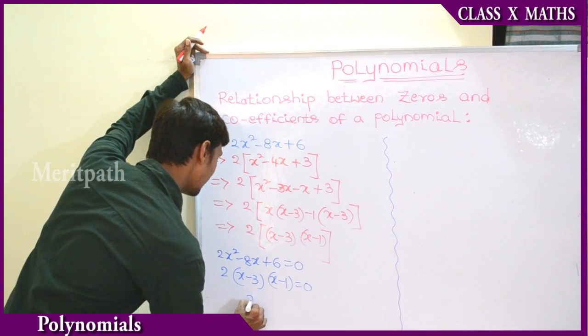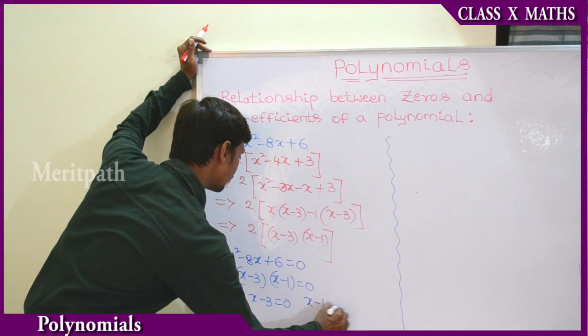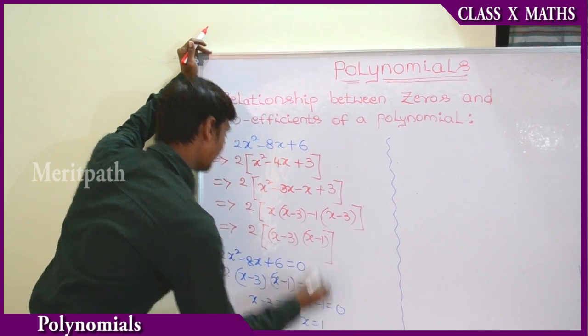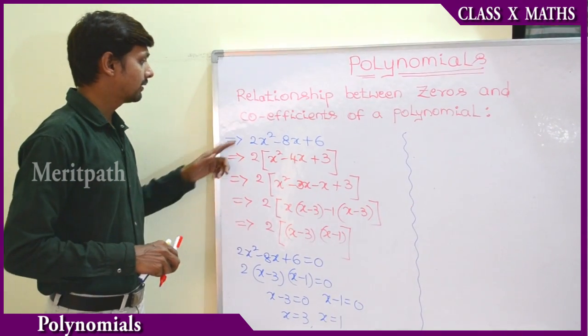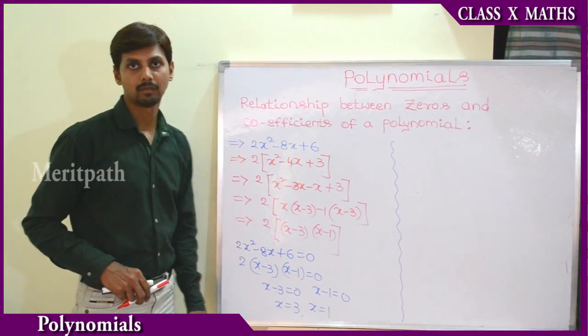Then x - 3 = 0 and x - 1 = 0. Then x = 3, x = 1. Here the zeros of this quadratic polynomial are 3 and 1.